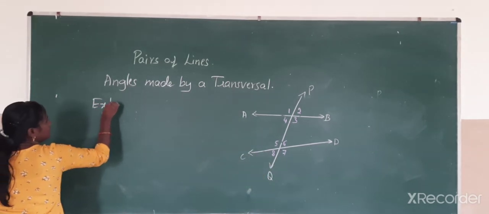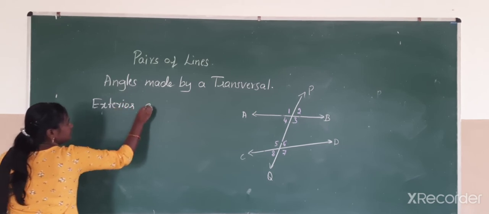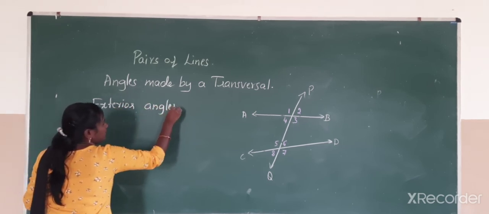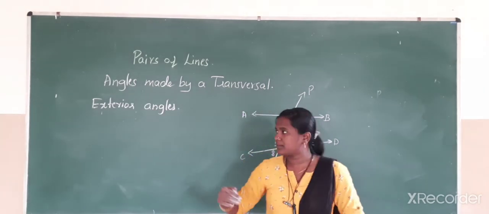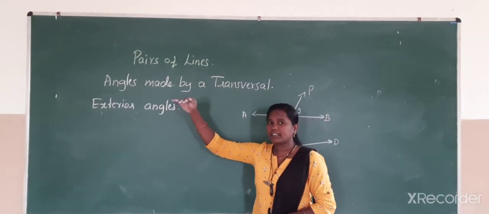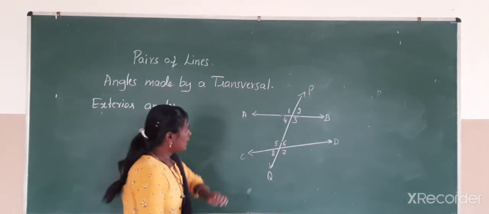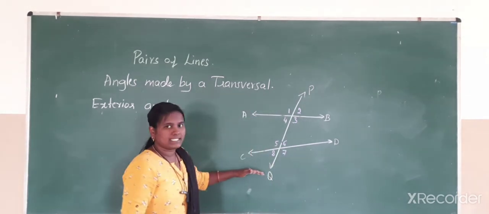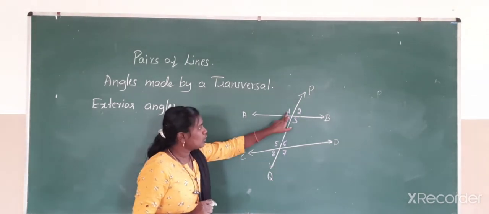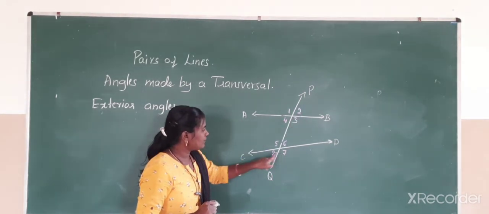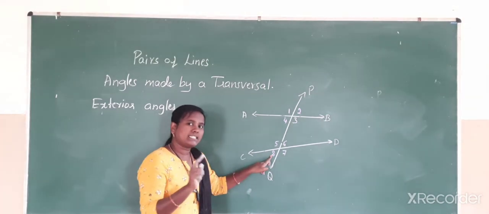Exterior angles are the angles which are outside the pair of lines. So therefore 1, 2, 7 and 8 are the exterior angles.